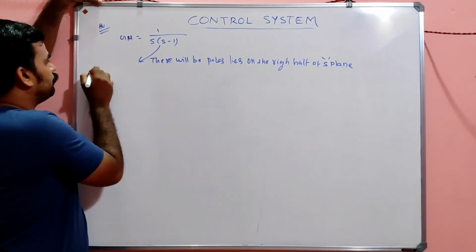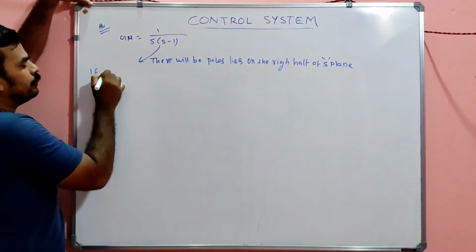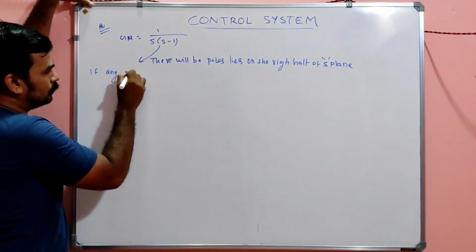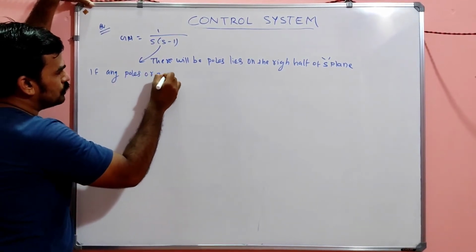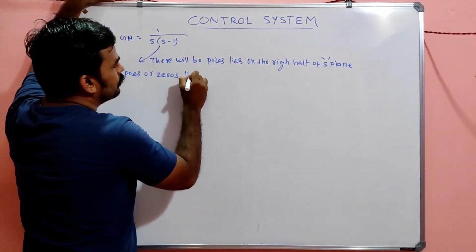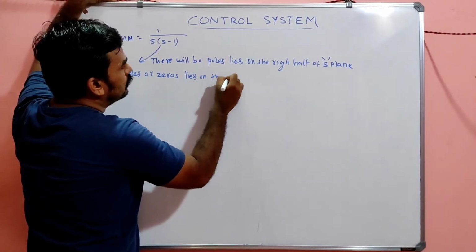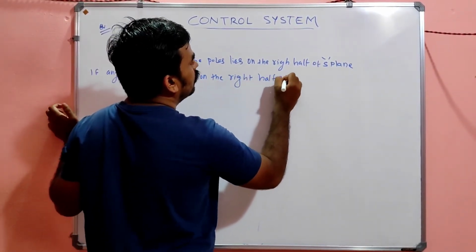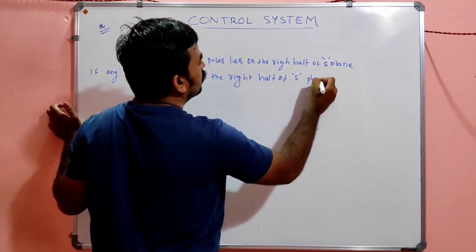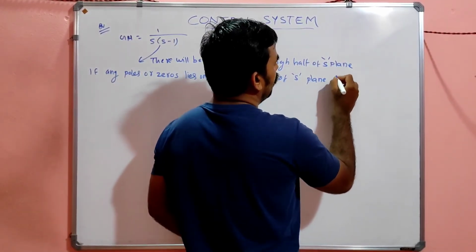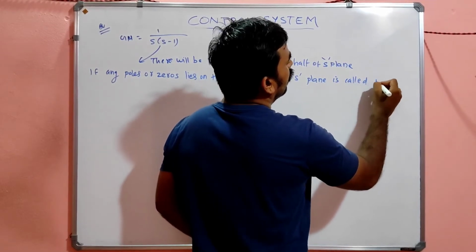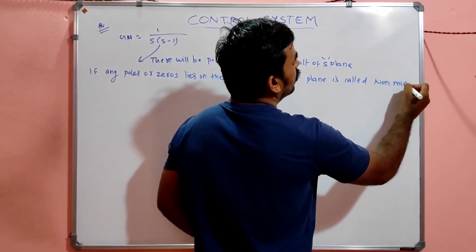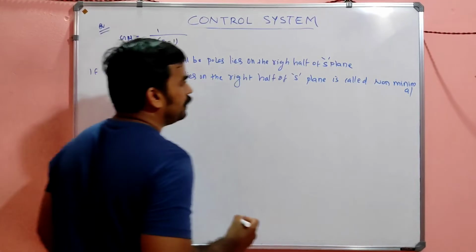So if any poles or zeros lie on the right half of the S plane, it is called a non-minimal phase system.